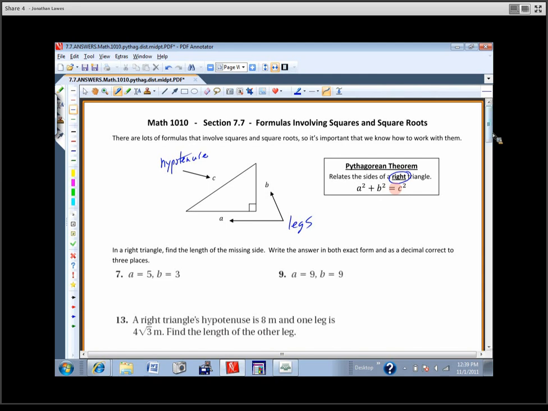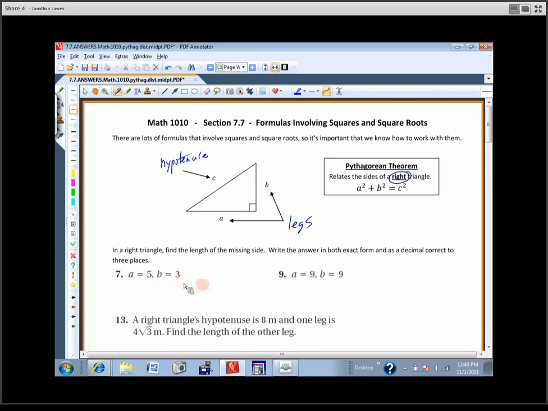You've probably used that dozens of times already. Normally we use A and B for the legs, and C for the hypotenuse.